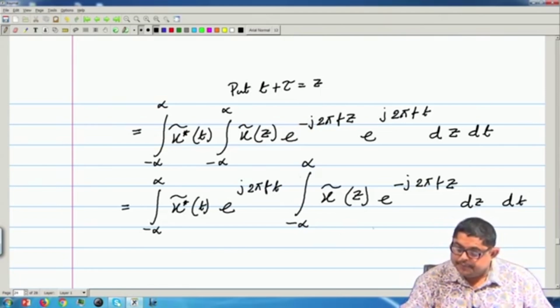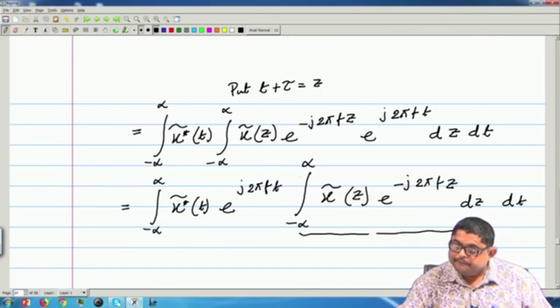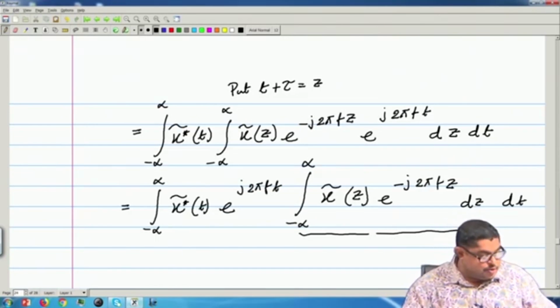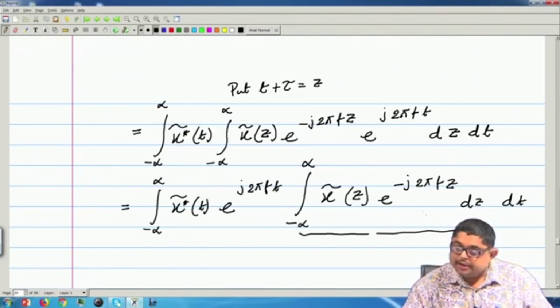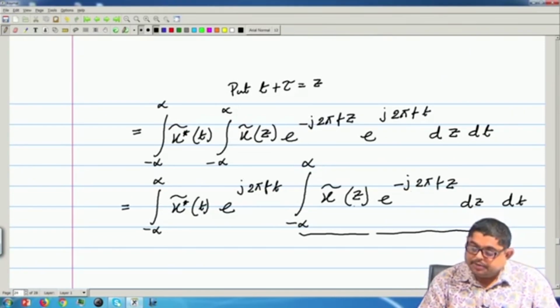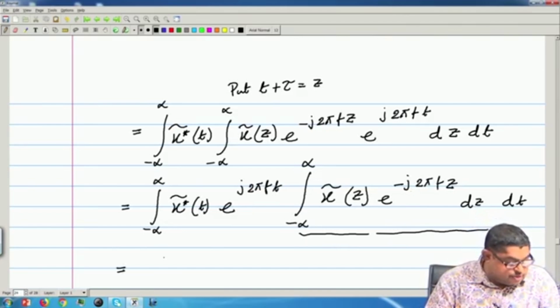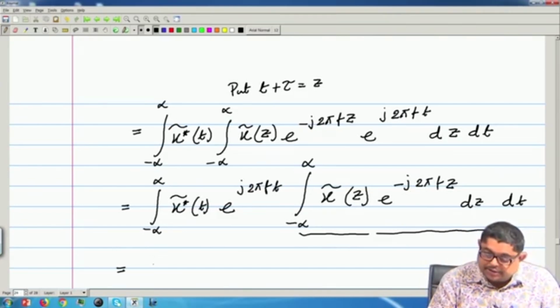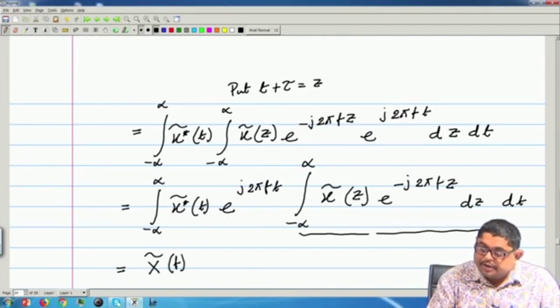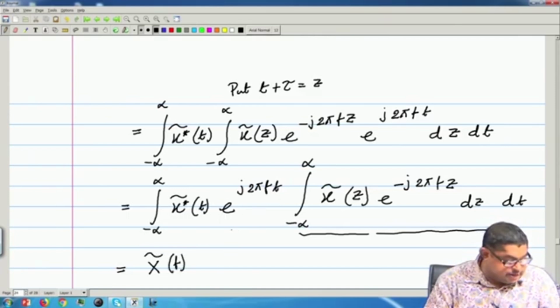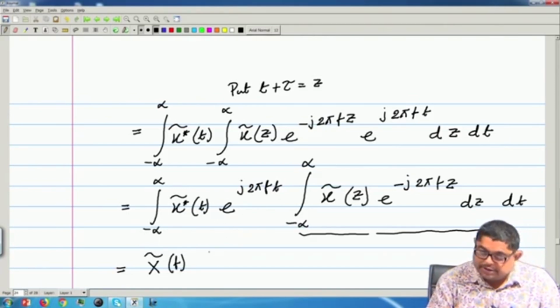This portion, I think all of you will agree, is nothing but the Fourier transform of x z. So, this is x f. I can take it out as x f, and what is left behind is this, minus infinity to infinity.